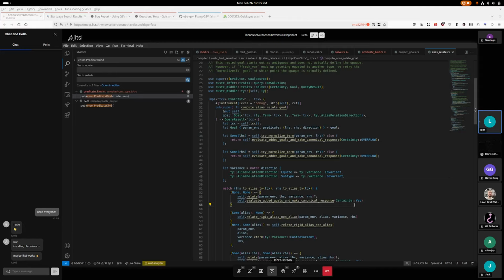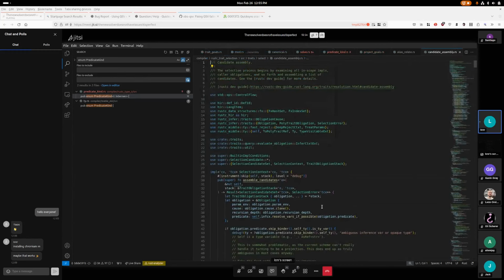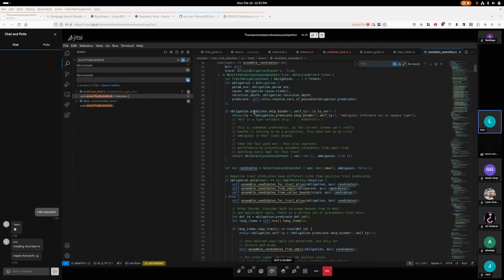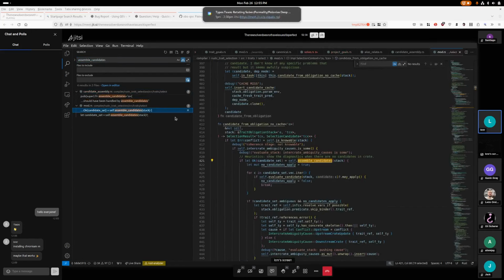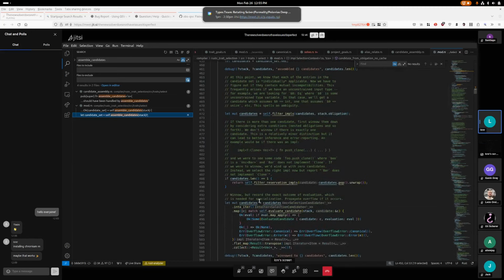It's limited because if there is ambiguity, so looking at the old solver, we assemble candidates. If there is just a single candidate, assembling candidates does not prove nested where bounds or anything.